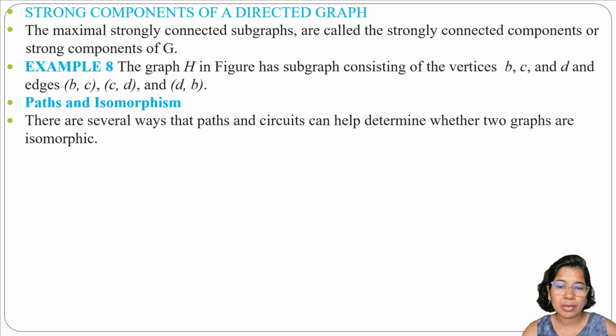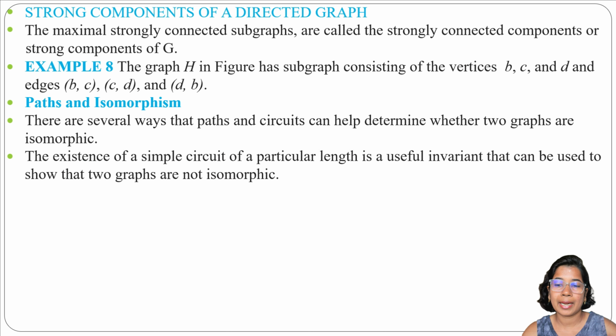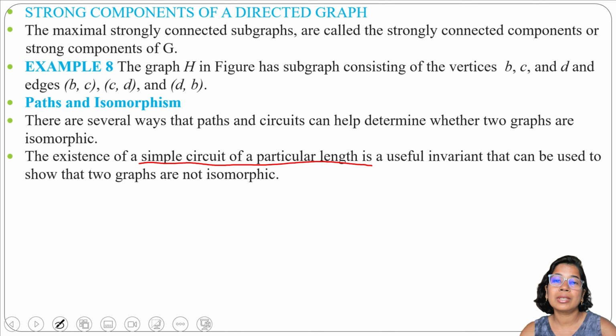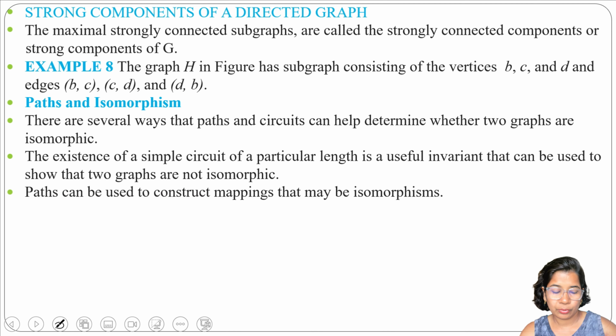So there are several ways that paths and circuits can determine whether two graphs are isomorphic. The existence of a simple circuit of a particular length means both graphs have a circuit of the same length, and that can be used as an important invariant for checking whether graphs are isomorphic or not. We can also take help of paths to construct the mapping for checking isomorphism.